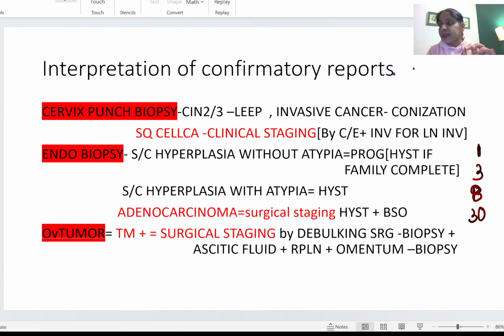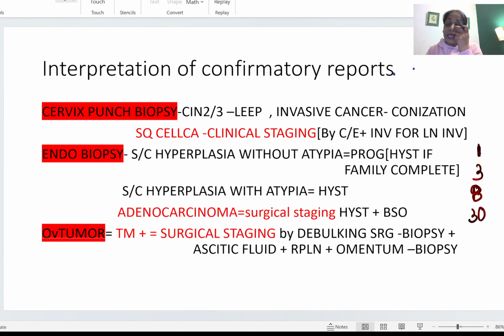On the punch biopsy report it will be written CIN1, CIN2, or CIN3. Now this is not a pap smear report, it is a punch biopsy report.